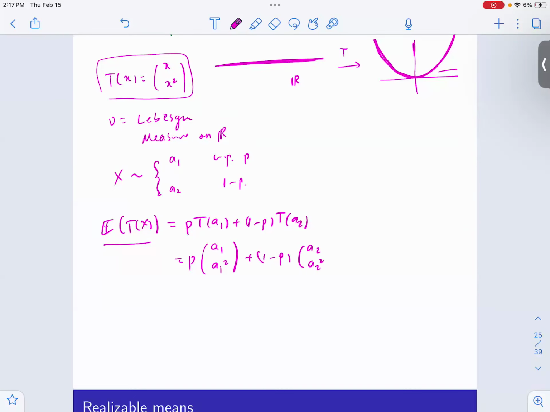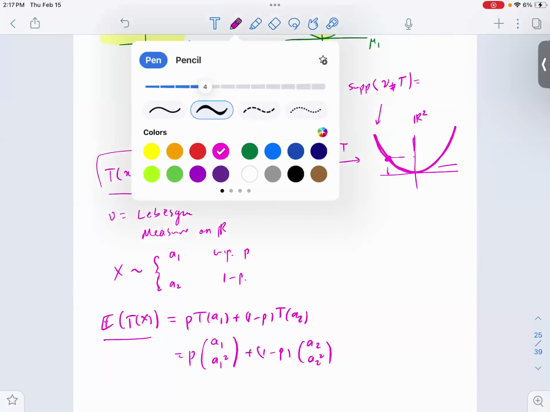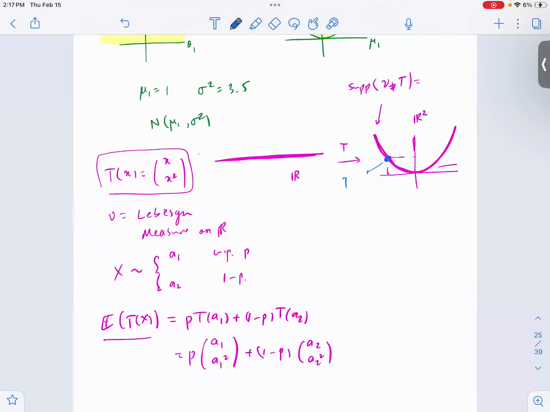A1 is somewhere here, and A2. So let's say this is A1, this is TA1, A1 squared. And let's say this is A2, this is TA2, this point.